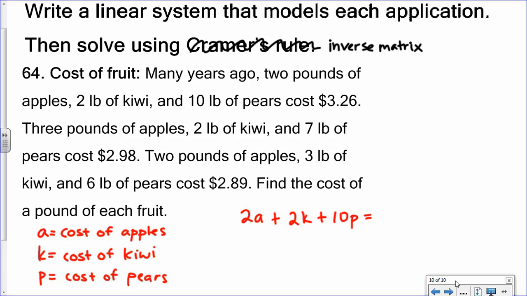That total is $3.26. And you can do the same thing for the other 2 equations. If you have 3 variables, you need 3 equations. If you had 2 variables, you'd want 2 equations. If you had 4 variables, you'd want 4 equations.